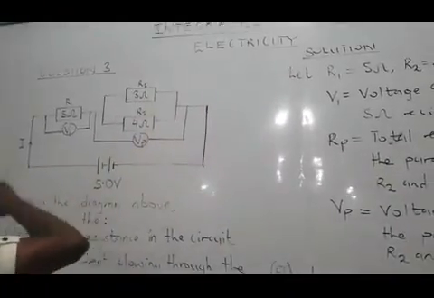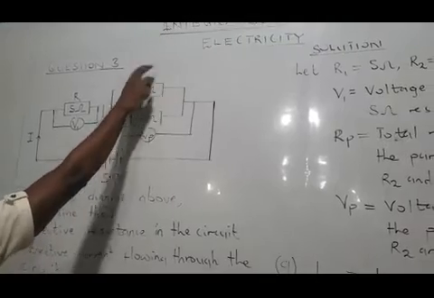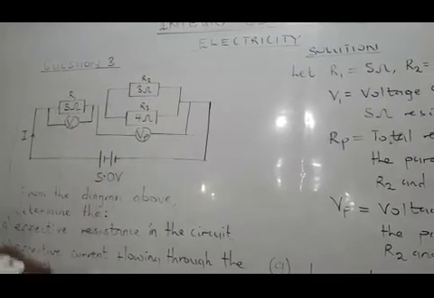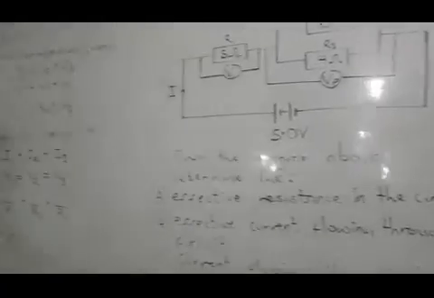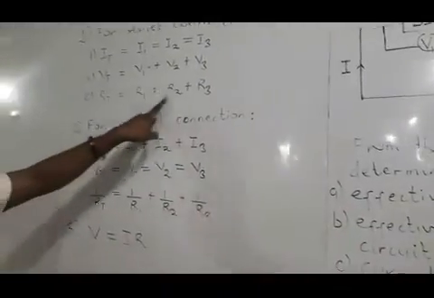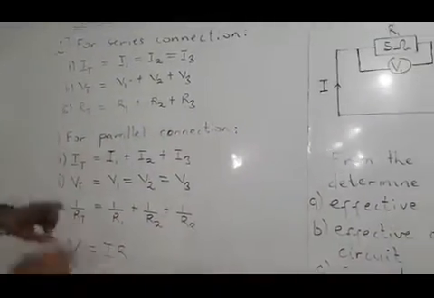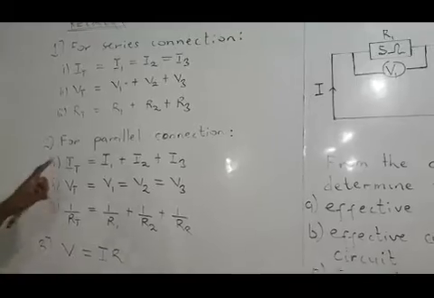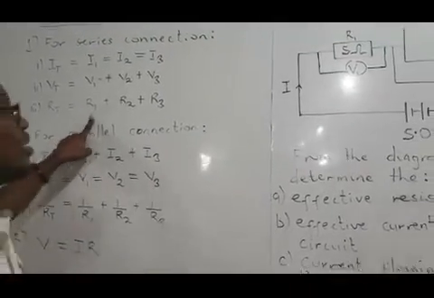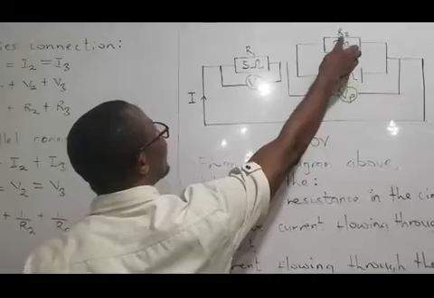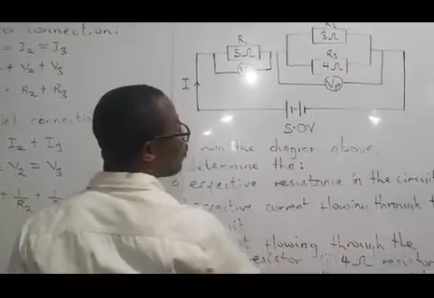Now, as I said, that's RP. RP is in series with R1, and for a series arrangement, the total resistance is the sum. So our total resistance for the whole circuit, RT, will be equal to R1 plus the total of these two, which we have found to be RP.